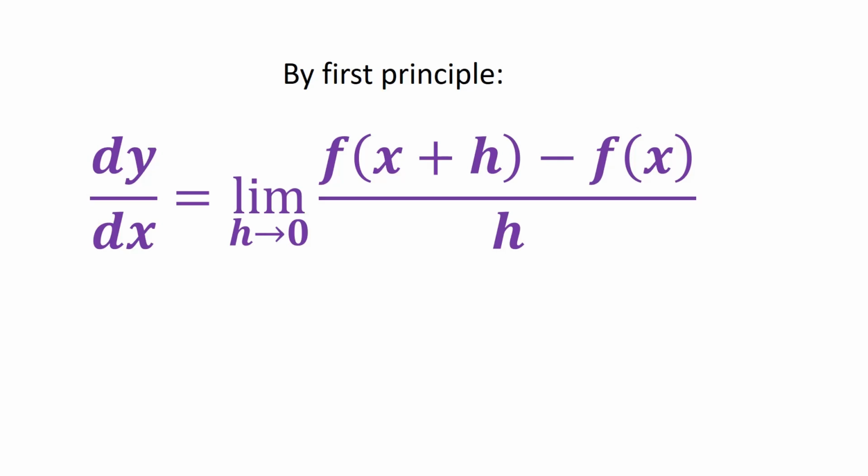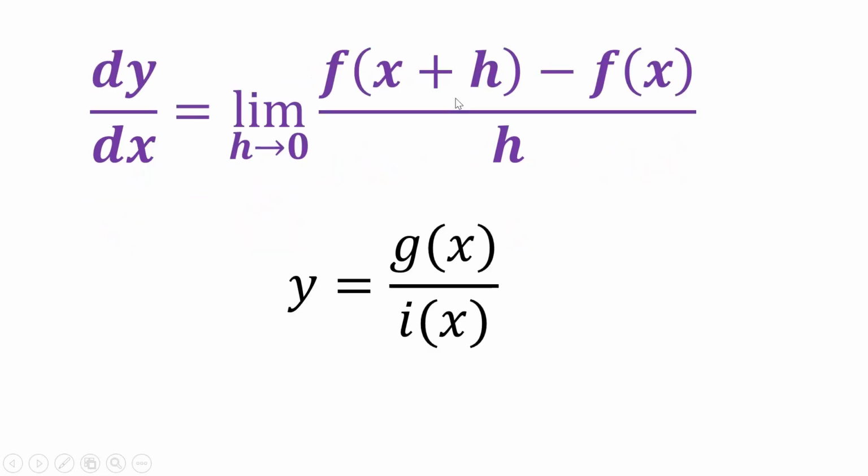It says that when we want the derivative of y with respect to x, then it is the limit as h approaches 0 of f of x plus h minus f of x, divided by h. Now our duty is that we're going to apply this first principle of differentiation to the function that has been given.